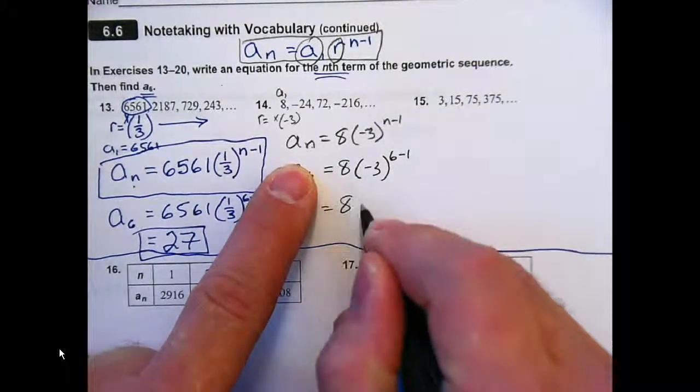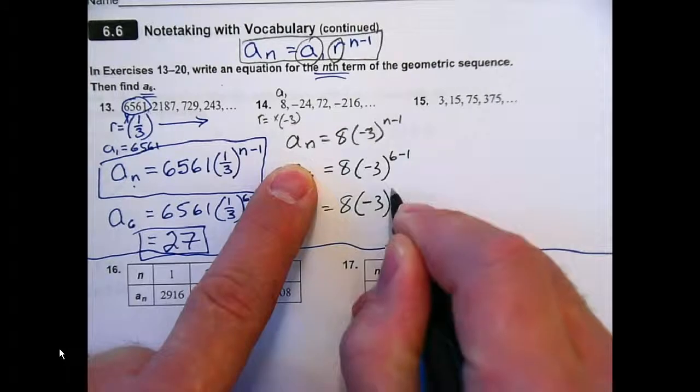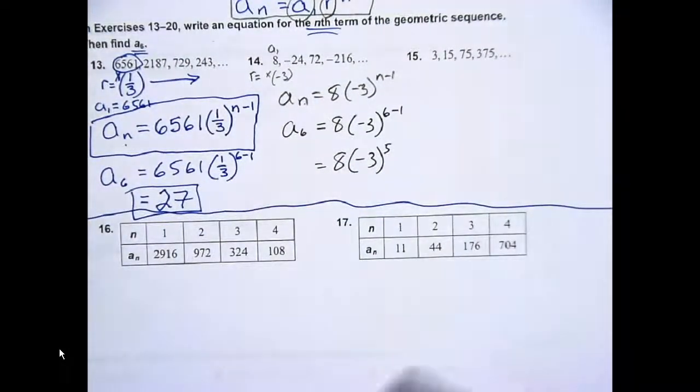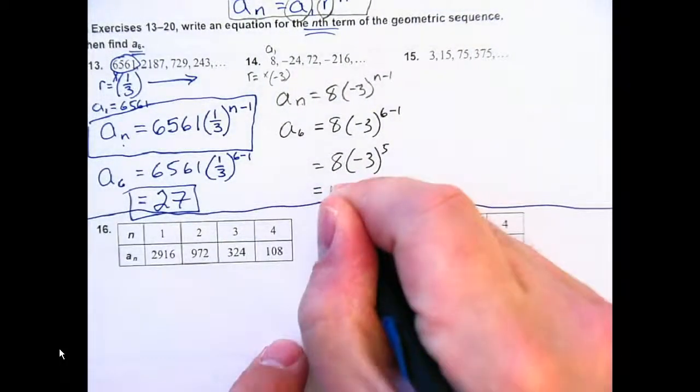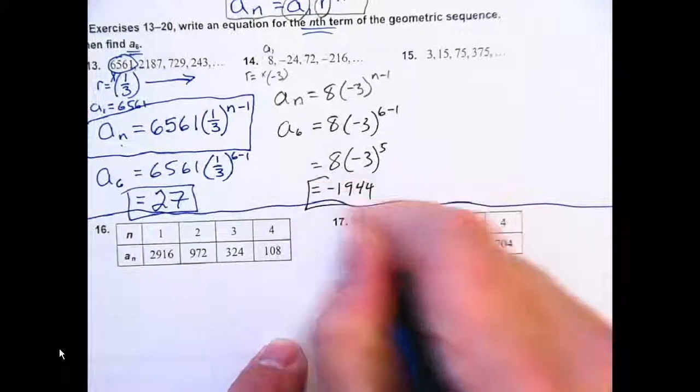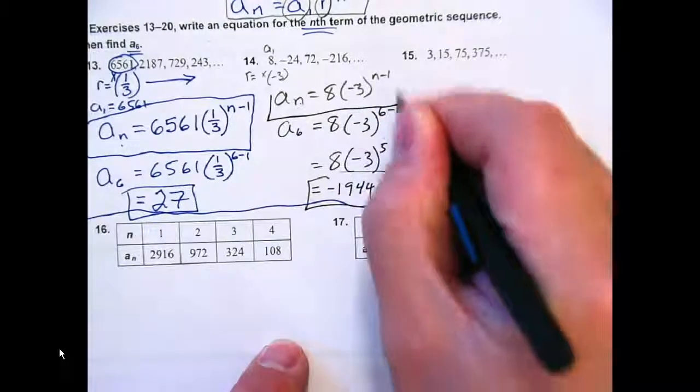That gives us 8 times -3 to the 5th, and whatever we've got there, I have -1,944. Okay, so two different things you need.